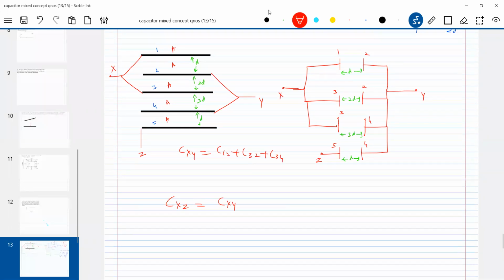Czy will be parallel to that one. So Czy, I'll write at least that value with that one, so epsilon naught A by D. So three terminals are there, X, Y, Z. Anything can be asked here.